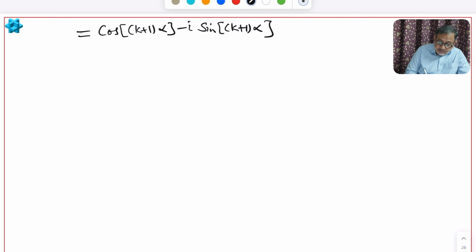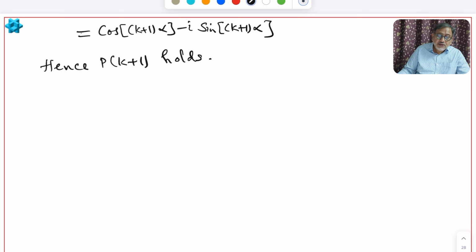So hence P of k plus 1 holds, right? So P of 1 holds, conclusion we will write.